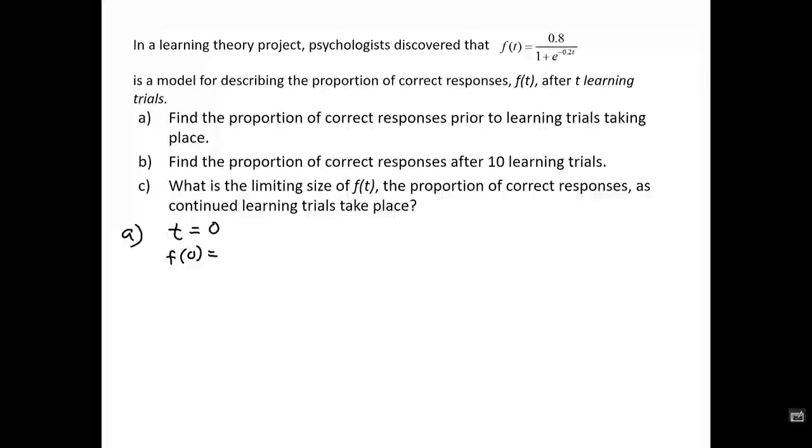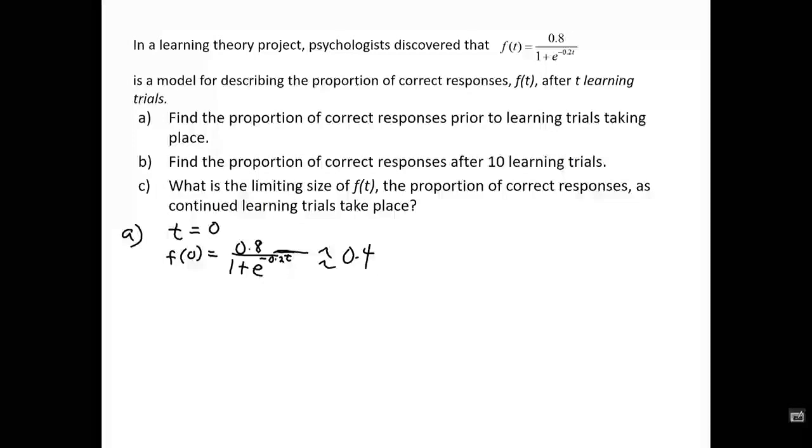So f of 0, using the given function, is 0.8 divided by 1 plus e raised to the minus 0.2 times 0. All right? And if you use your calculator here, you will see that this is approximately 0.4. So the proportion of correct responses prior to learning trials was 0.4.